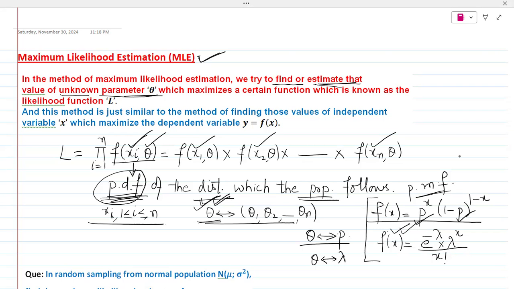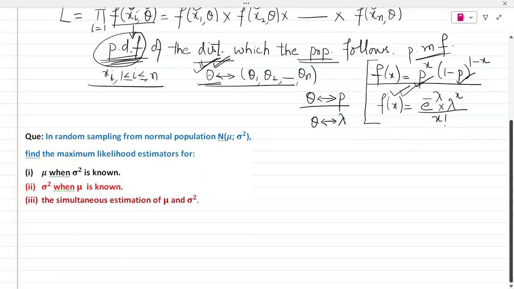Now suppose our population has a normal distribution. In this case, what will be our f(x), the PDF?